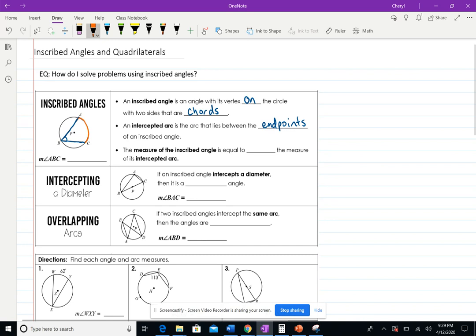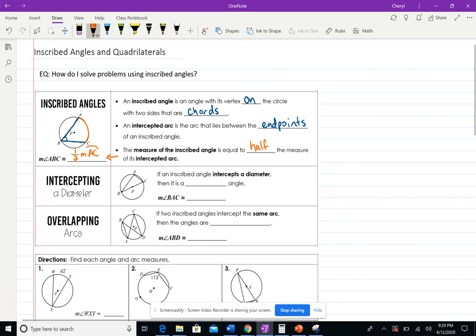Okay, and the measure of the inscribed angle is equal to half the measure of the intercepted arc. So we can say that angle ABC is 1/2 of the measure of arc AC.